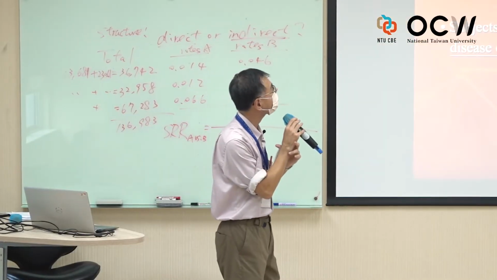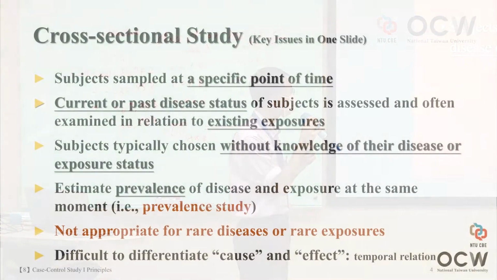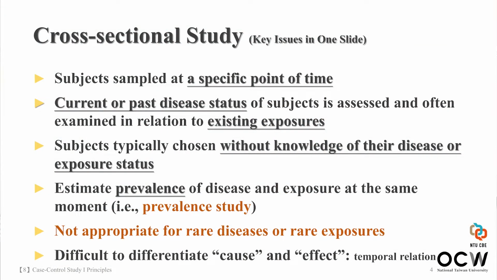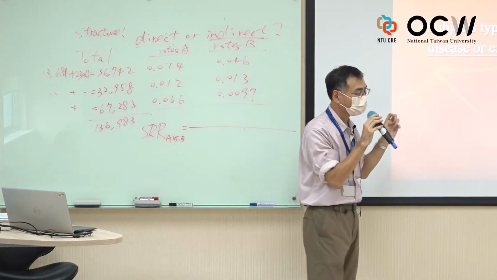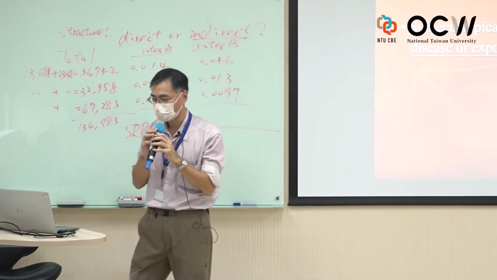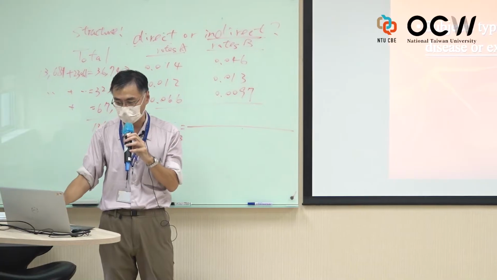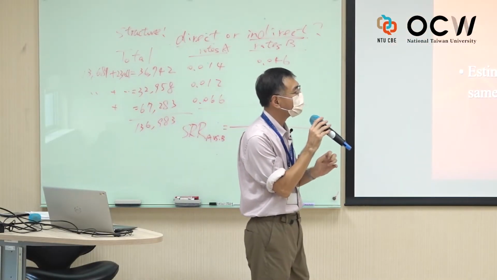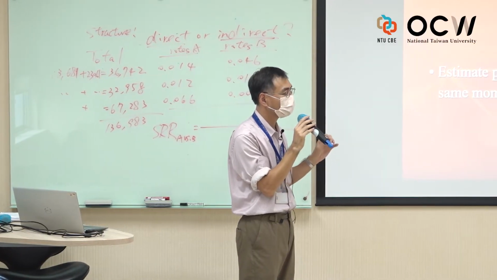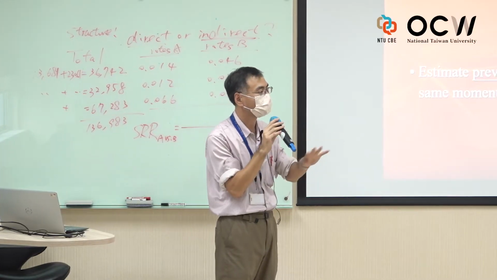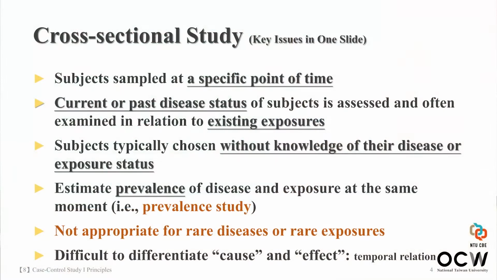In a typical cross-sectional study, the subjects are typically chosen without knowledge of the disease or exposure status. In other words, we have no idea about the exposure or disease status at that moment, to avoid the problem of so-called selection bias, which we are going to talk about later. For a cross-sectional study, we may do the screening for the whole community, so it's easy to estimate the prevalence of disease in that community.